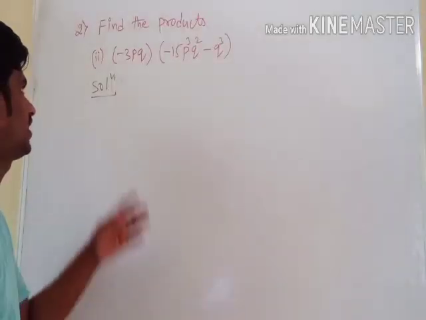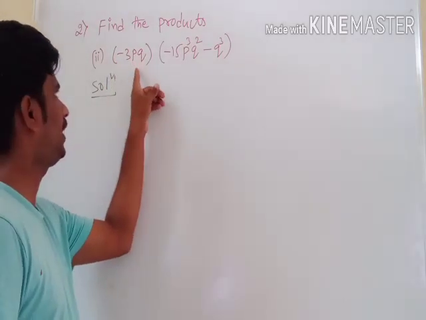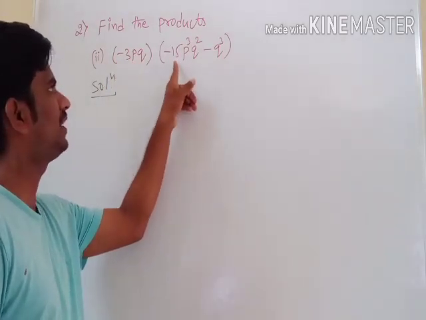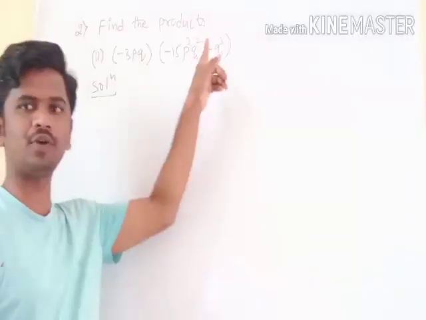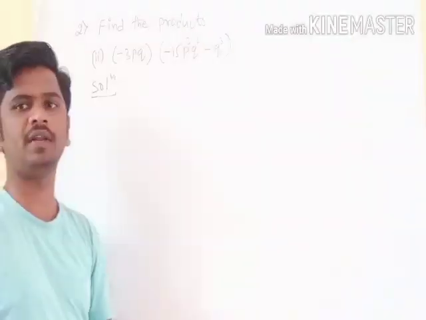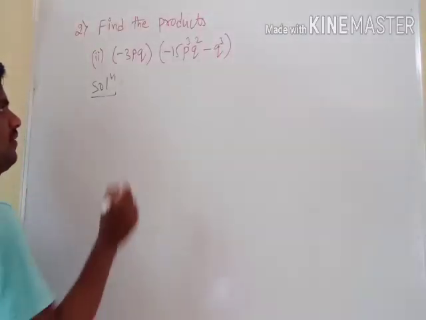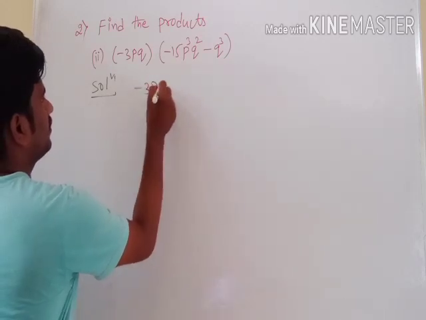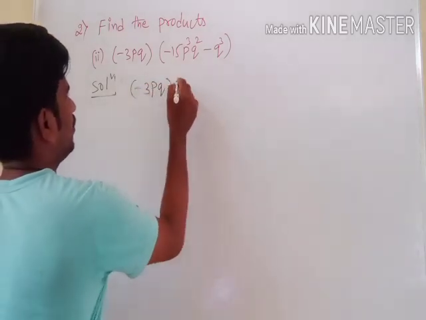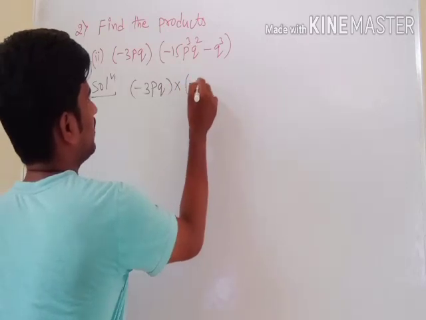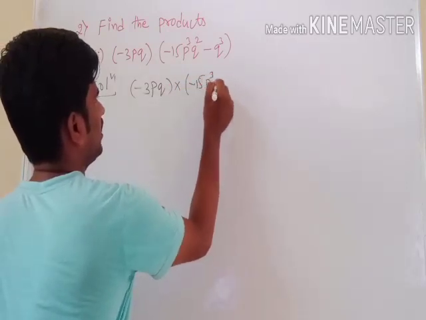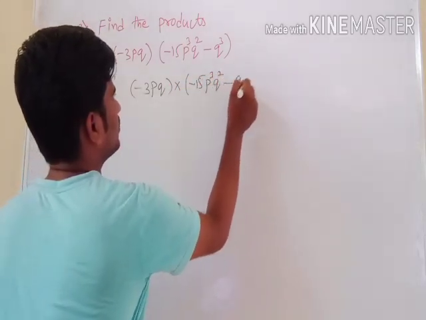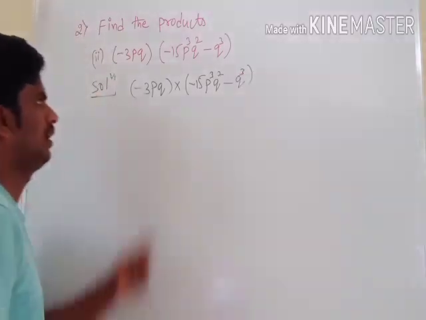So next, in the second one, minus 3p cube into minus 15 p power 3 q power 2 minus q power 3.